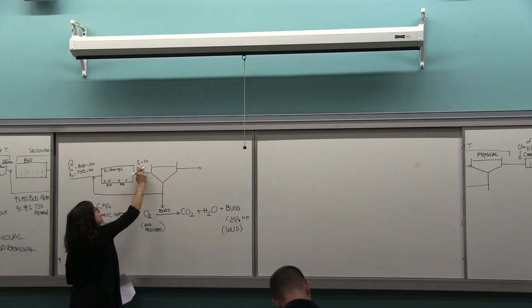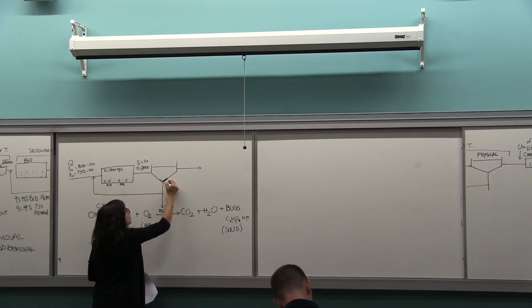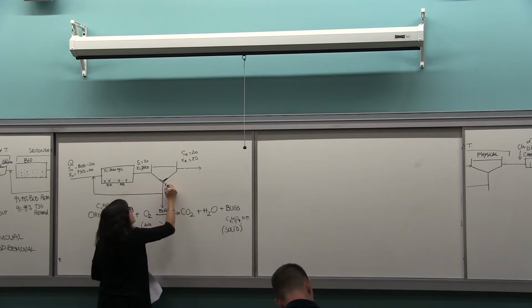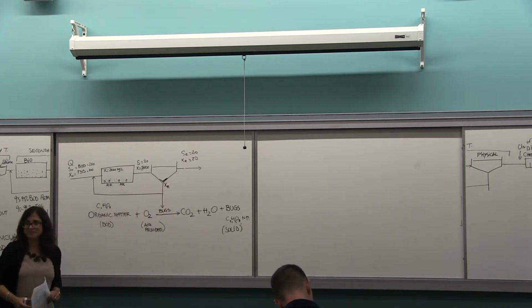That's 2,000. X goes XE, 20, SE, 20. X is a lot higher.